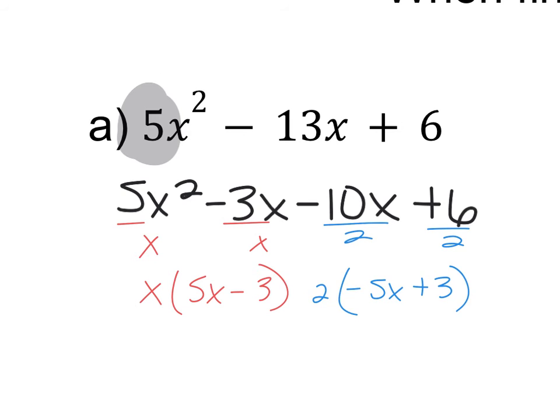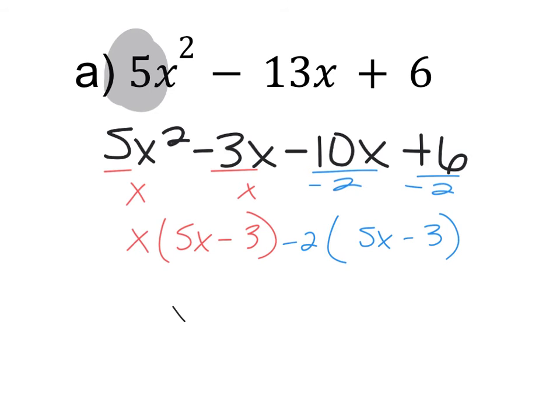But wait, remember, the parentheses don't match, but they're really close. They're just off by negative signs and positive signs. So instead of factoring out a 2, let's factor out a negative 2 here. That would cause that to be positive 5x, and that would cause that to be negative 3. Perfect, because now our parentheses match. Let's write it all together. So we would have x minus 2 times 5x minus 3.